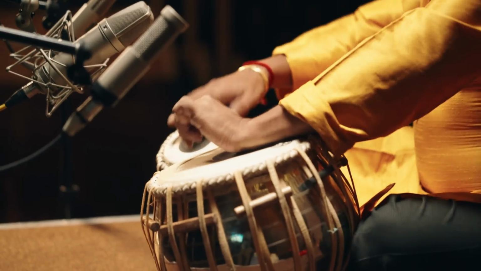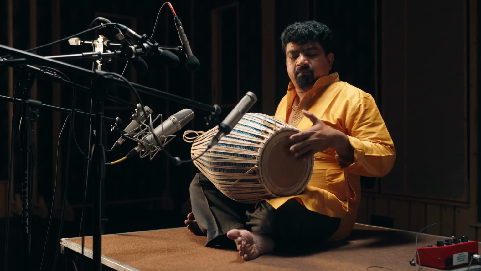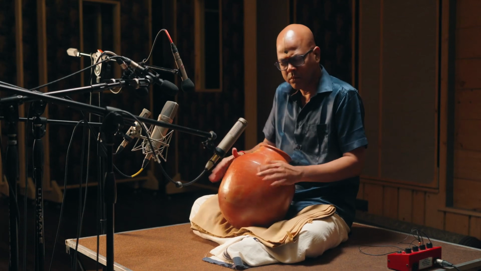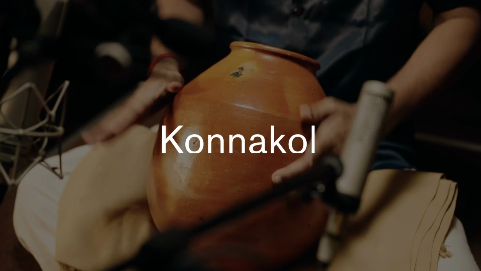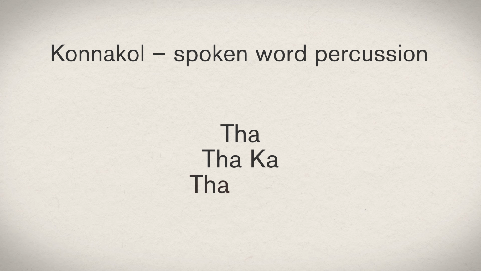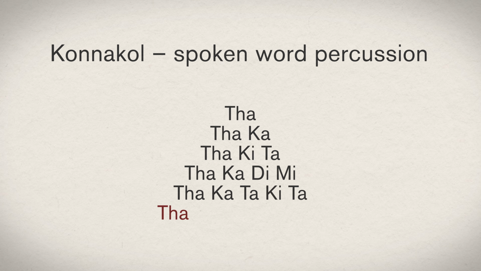One area where Indian classical music really stands alone is in the use of a system of syllables, specifically for percussion instruments, called konnakol. Konnakol is spoken word percussion, with different syllables spoken for different sounds that the percussion instruments could make.